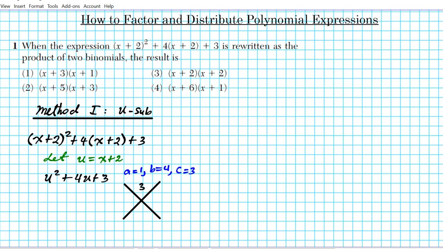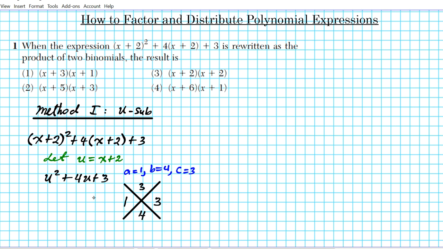All right, so A times C goes on the top and then B goes on the bottom. B is 4, and then we play the X game. What two numbers multiply to give you 3 and add to give you 4? The answer is 1 and 3.